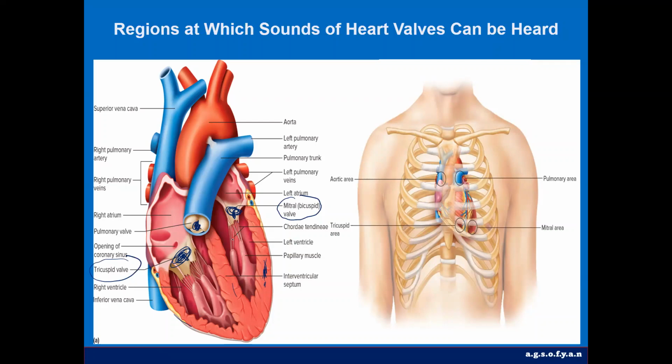And then after the blood is empty, these two valves, the pulmonary valve and the aortic valve, will close and give you the dub sound. So lab dub, lab dub, like that. So this is where the sound is coming from.